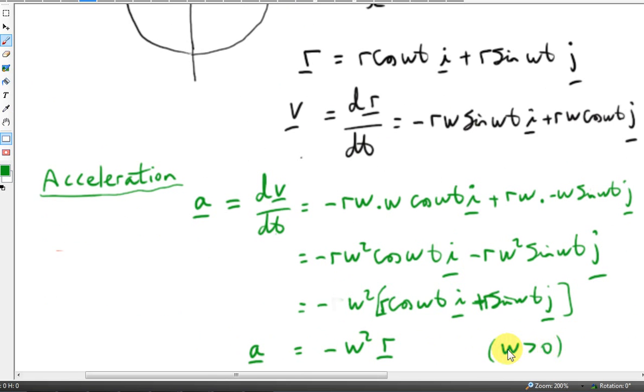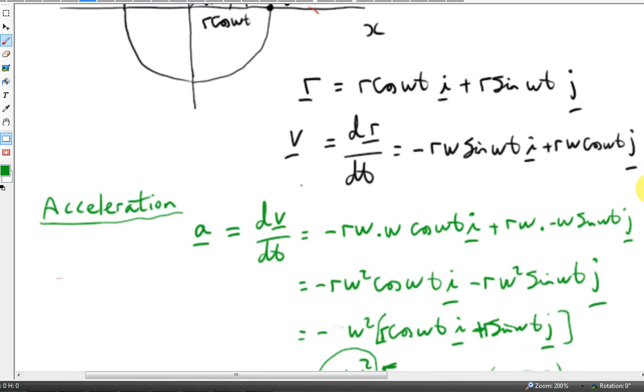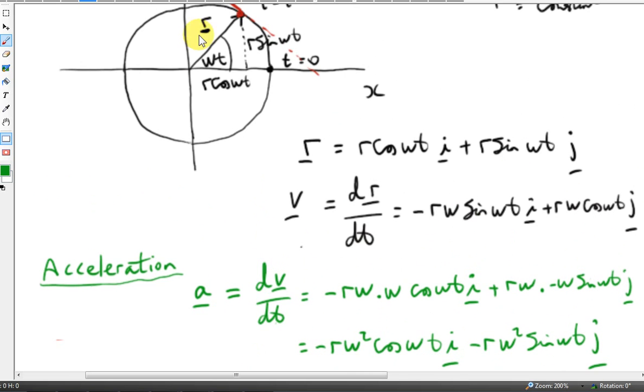Now omega is a positive number, it's the angular speed, and that's always positive. So we see that vector a is a negative scalar times vector r. Now if we multiply a negative scalar by a vector, we reverse the direction of the vector. So if we multiply a negative scalar by vector r, we get a vector that's pointing in a direction that's opposite vector r.